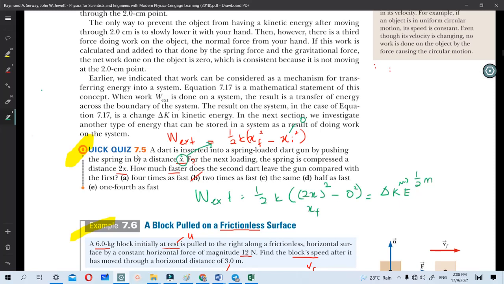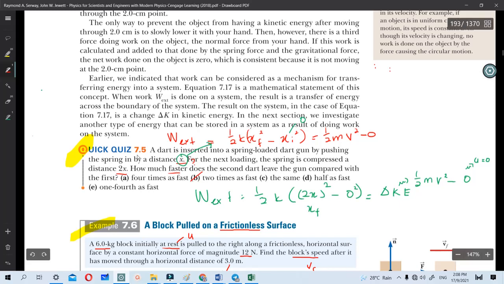Now, bear in mind, the system originally doesn't move, so V squared minus U squared, where U is 0. It goes the same for this one, half m V squared minus 0. So this is the situation when displacement is x, and this is the situation when displacement is 2x.